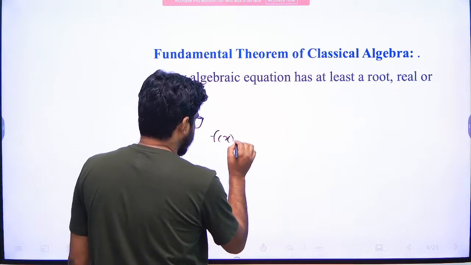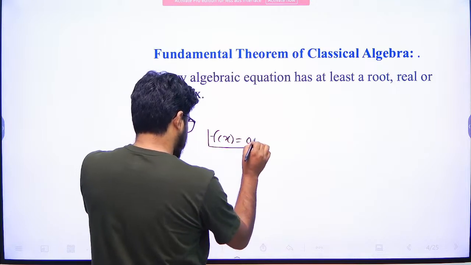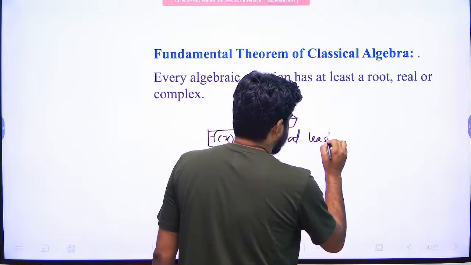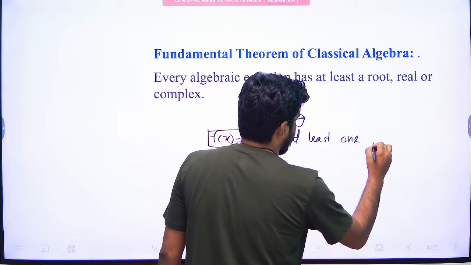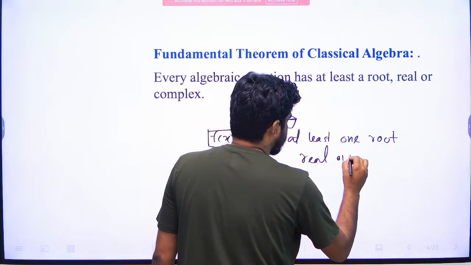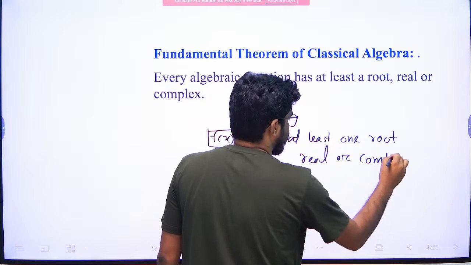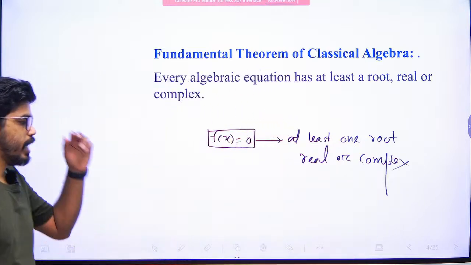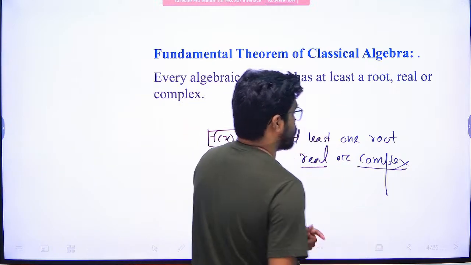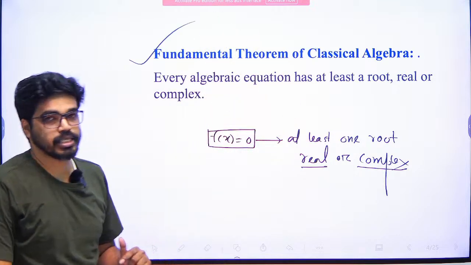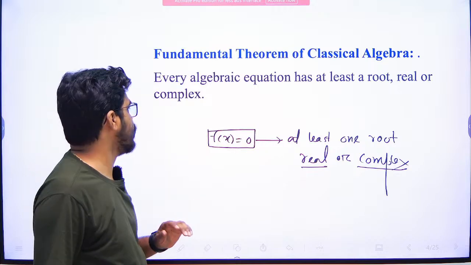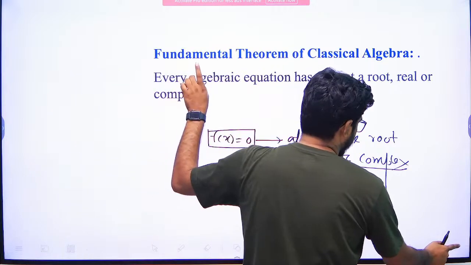Suppose f(x) is equal to 0 is the equation, it has at least one root, either real or complex. That is the fundamental theorem of classical algebra. Every algebraic equation has at least one root, real or complex, right? So it is very important.